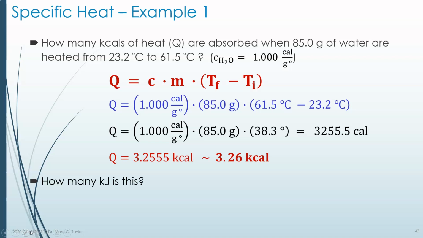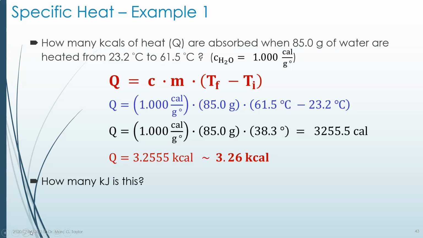dividing by 1,000, because remember, a kilocalorie is 1,000 times bigger than a calorie, so the number must be 1,000-fold less. So you just move the decimal place 3 spots, and you end up with 3.2555 kilocalories.